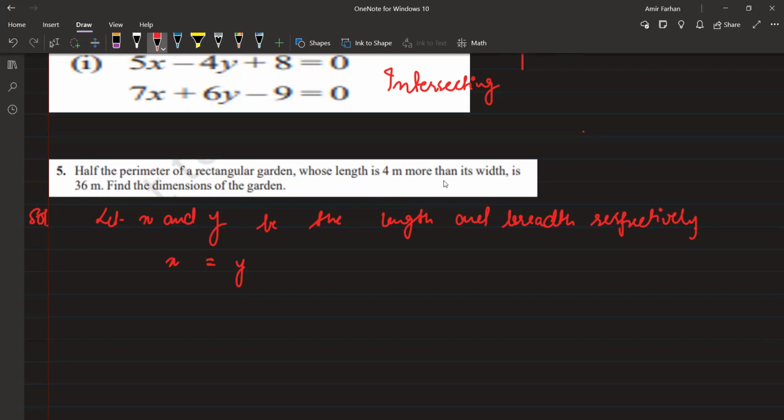There is one catch. x plus y is equal to 36 because it's half. So x minus y is equal to 4. There is a difference between x and y, which means the length is greater, so the difference would be positive.